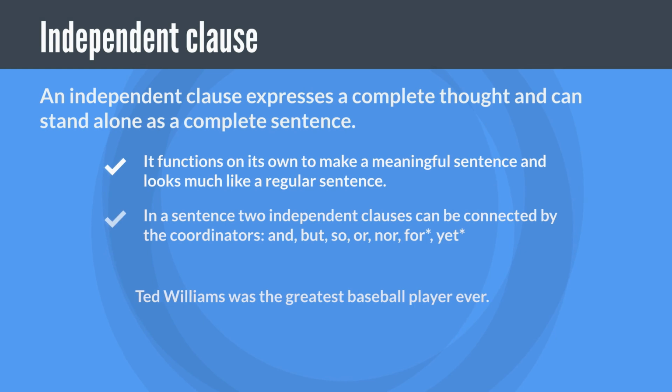An independent clause expresses a complete thought and can stand alone as a complete sentence. It functions on its own to make a meaningful sentence and looks much like a regular sentence. In a sentence, two independent clauses can be connected by the coordinators and, but, so, or, nor, for, yet. Example: Ted Williams was the greatest baseball player ever.